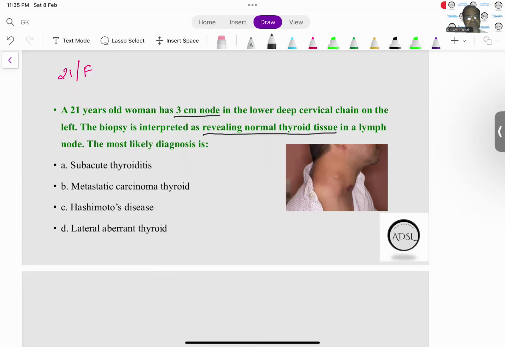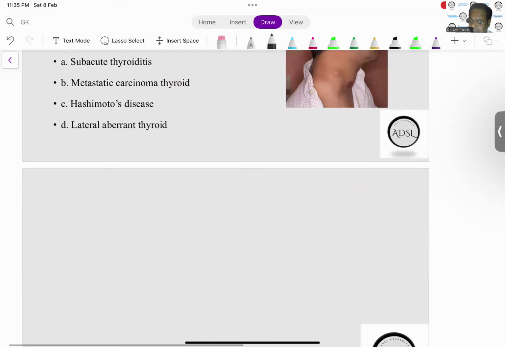Remember, it's very common for us to think that this could be something called lateral aberrant thyroid. What do we mean by lateral aberrant thyroid? Earlier, people used to come with a swelling in the neck that would look like a lymph node on clinical examination.